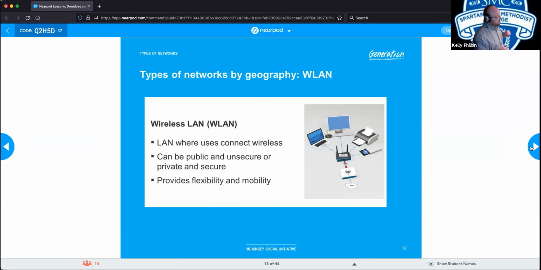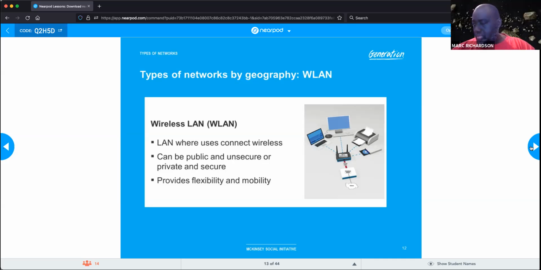It provides a lot of flexibility and mobility to those utilizing it. So WLAN is the wireless version of the local area network. Again, typically we do not see this exceed the size of a building.